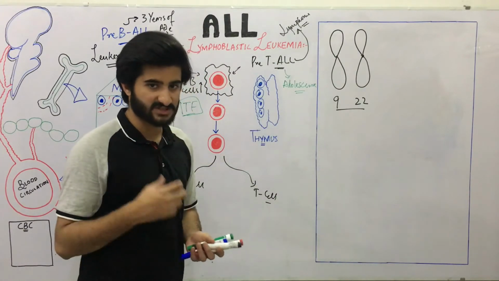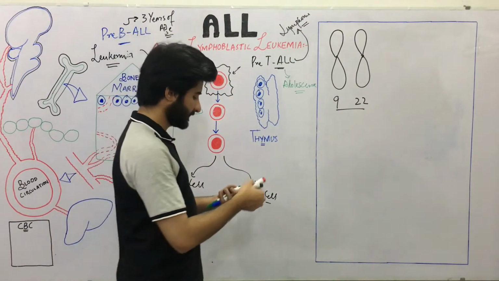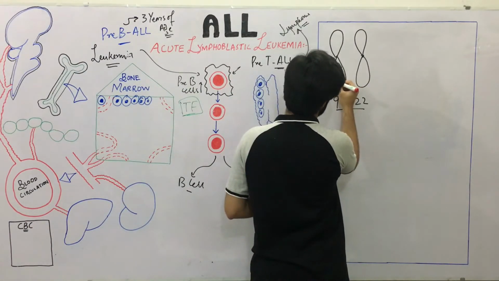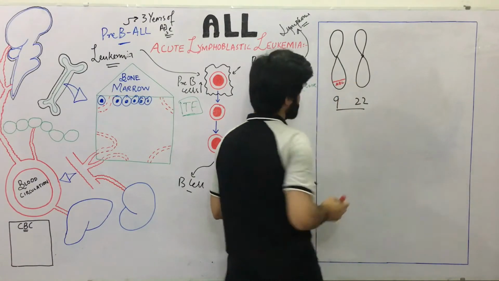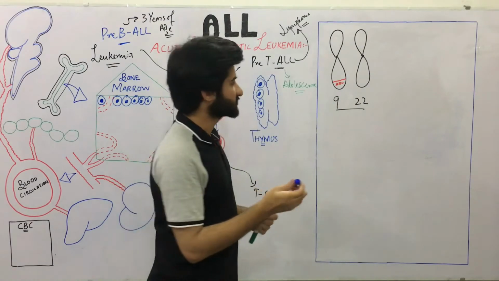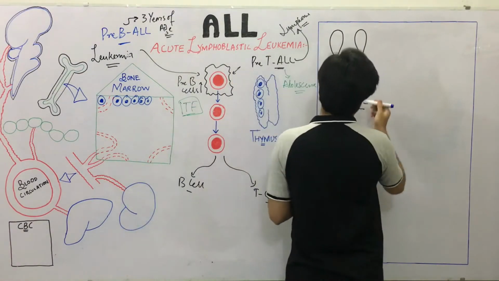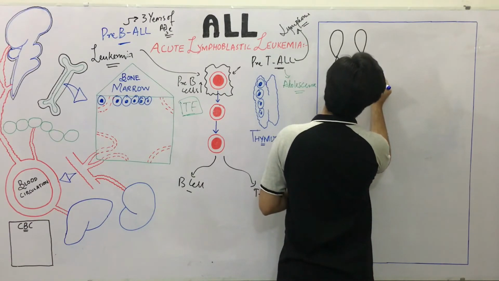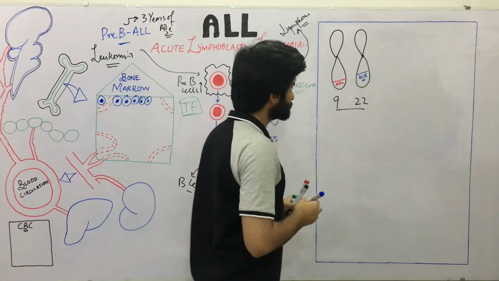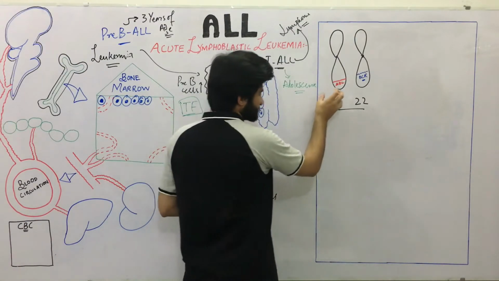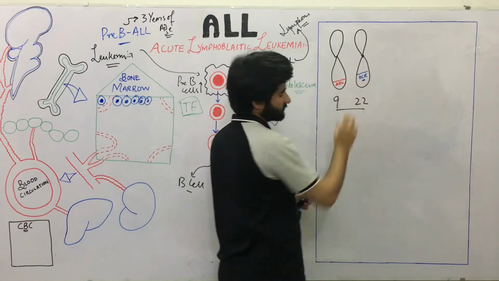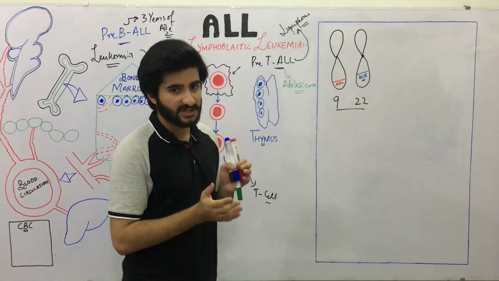So what happens when there is a 9-22 balanced translocation? In chromosome number 9, we have a gene known as ABL, whereas in chromosome number 22, we have a gene called BCR. What happens is that ABL shifts from chromosome 9 to chromosome 22 and attaches to the BCR gene.